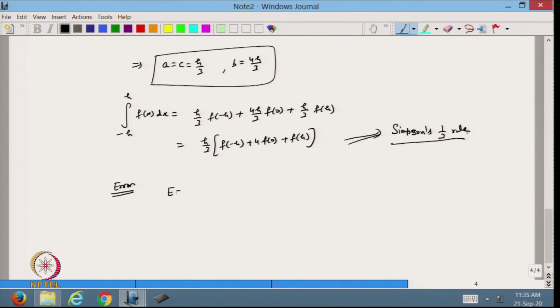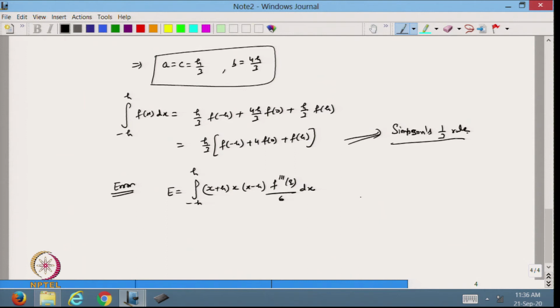So, the error will be from minus h to h, because it is coming similar to the Simpson 1/3 rule. I know that the error will be x plus h into x into x minus h, times the third derivative of this one by 3 factorial, that is 6, dx.